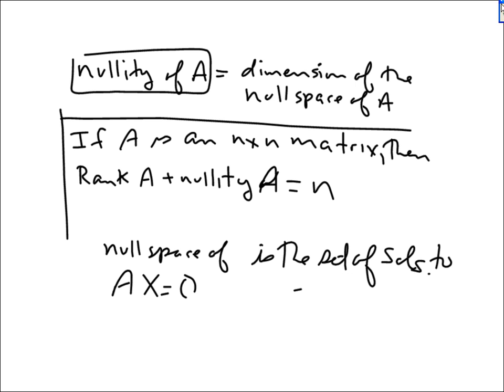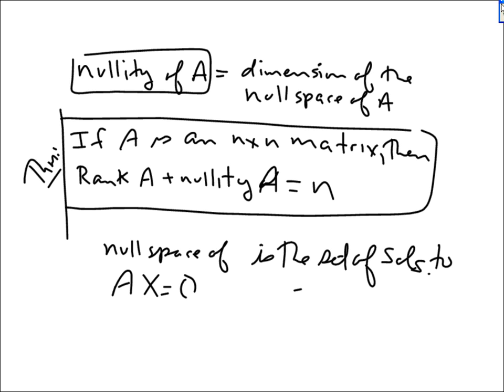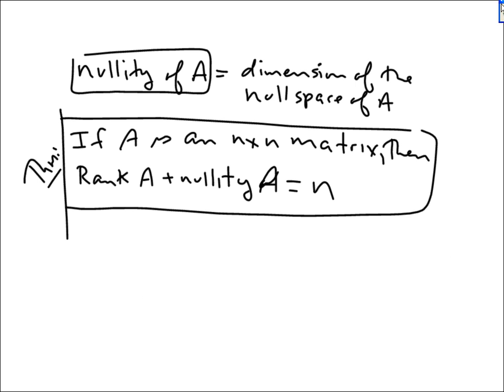The rank of A plus the nullity of A is n. And this is a theorem. We're not going to prove it. Read the proof in your textbook. I'm sure it's there. It's a nice proof. It's definitely doable.